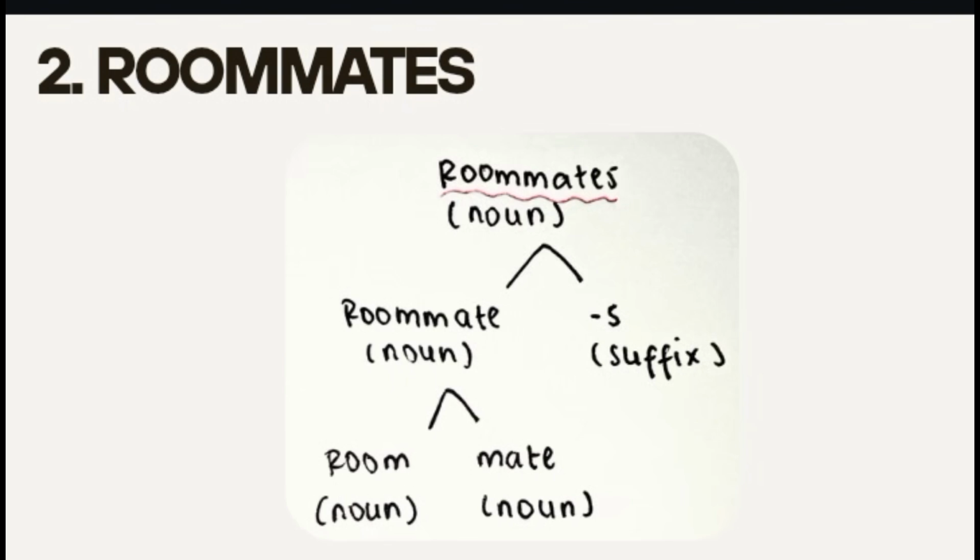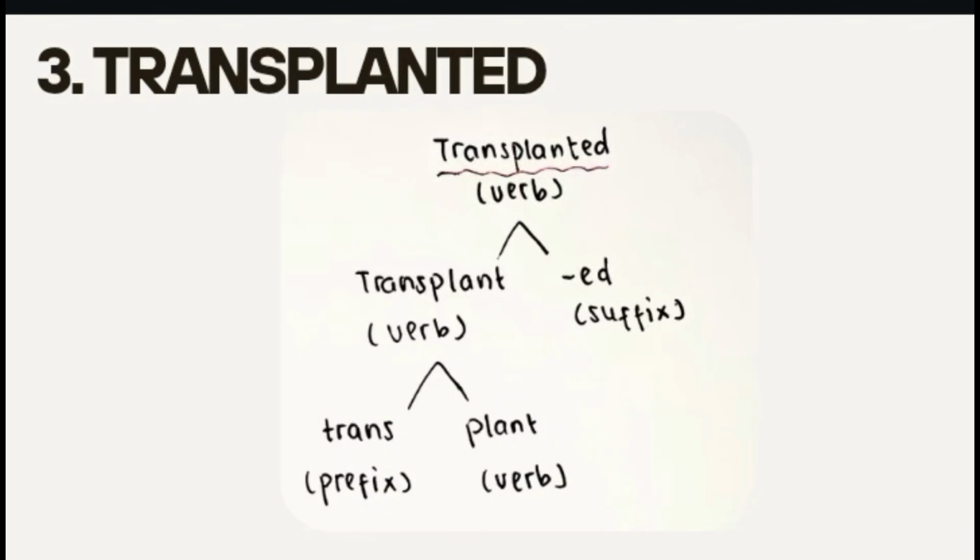The third is transplanted. The root of this word is the verb plant, which can stand alone as a free morpheme. First, we attach the prefix trans, which means across or to change. Trans is a derivational bound morpheme.